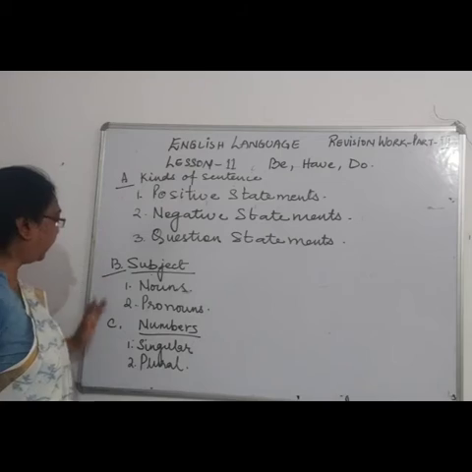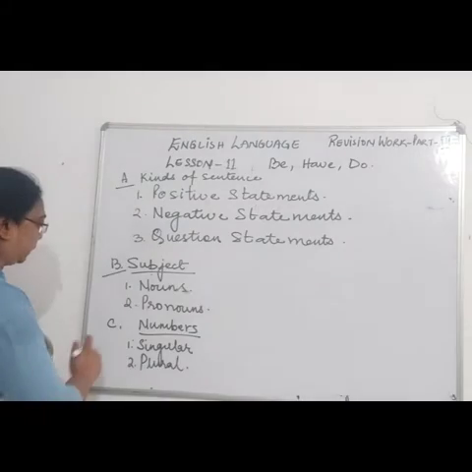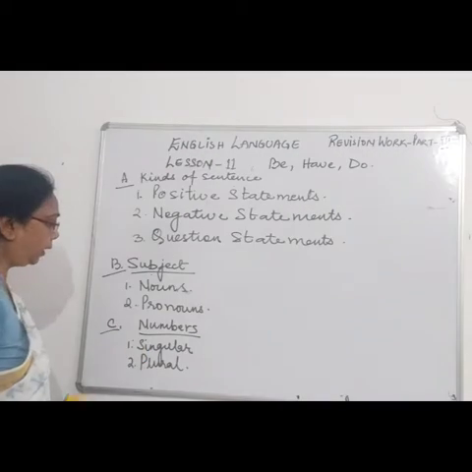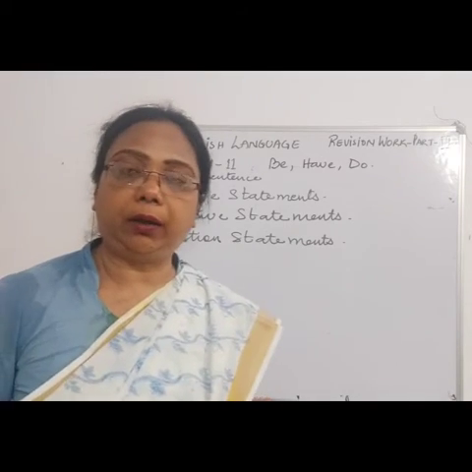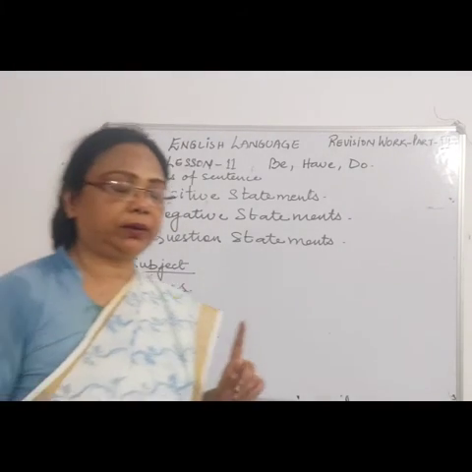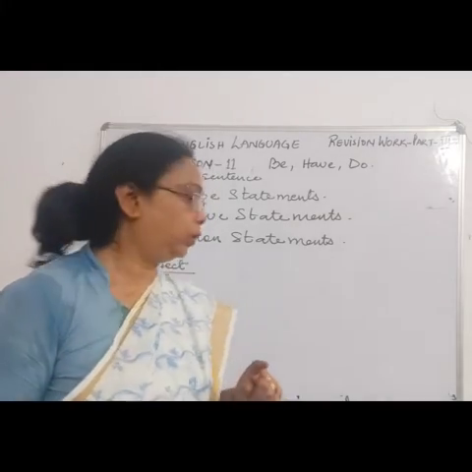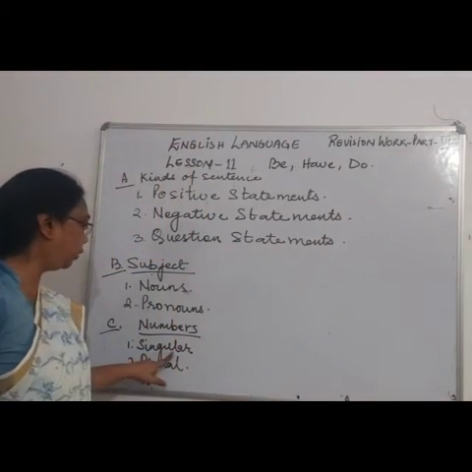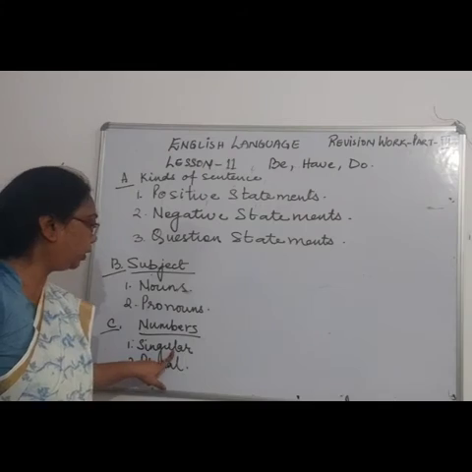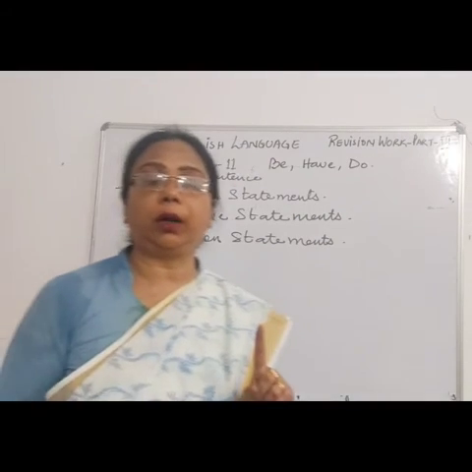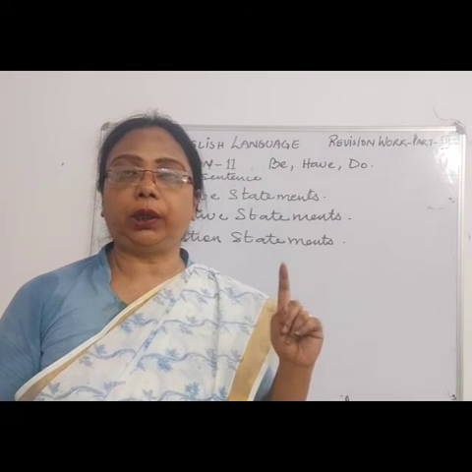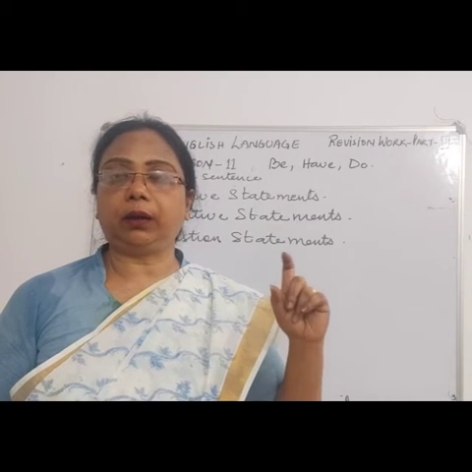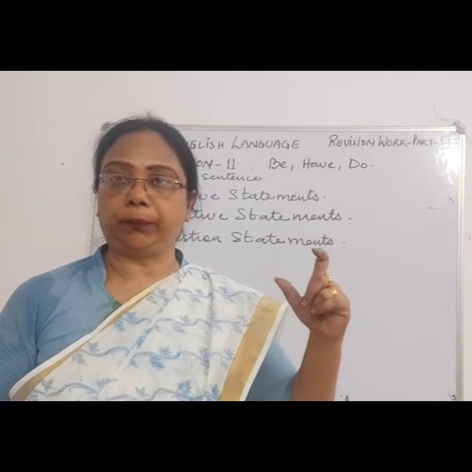And then the third thing that we focus on is number. Numbers mean one and many. You must have studied this in nouns. So numbers are singular and plural. A singular noun is when we are talking about one person. Like I am talking about Sunita. Sunita is a girl, so I will use "she".